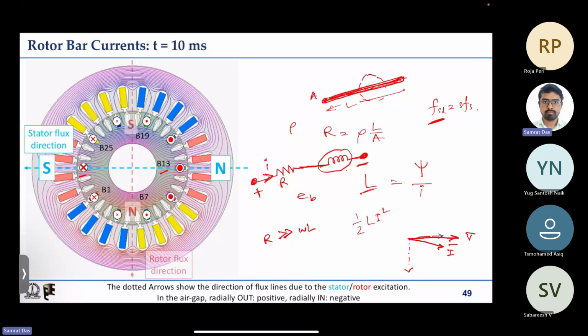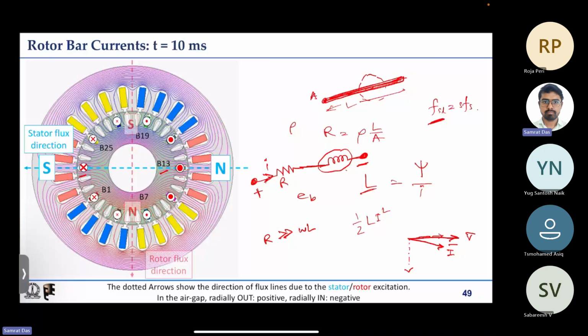We have seen that we have a field like this, and by looking at the air gap field distribution, we have come to the conclusion that the stator field is leading the rotor field in this case. That corresponds to the motoring operation.